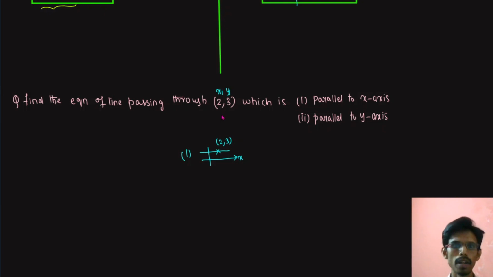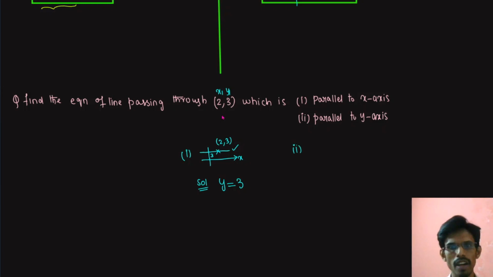So this line is at a distance of 3 units from the x-axis. So the answer will be y equals 3, the equation of the line parallel to the x-axis.